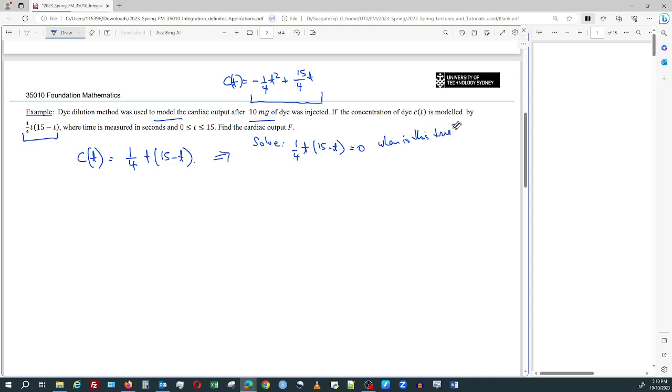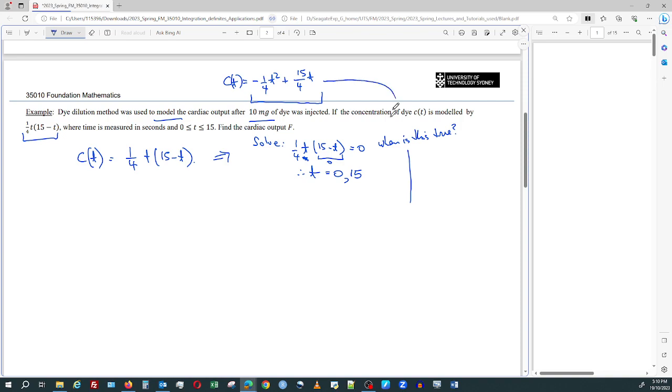Well, it's true when t is 0. t zeroes everything else out. It's also true when the bracket is 0. When the bracket is 0, t would have to be 15. So we've got two t values now, 0 and 15, and that represents the intercepts of this quadratic.